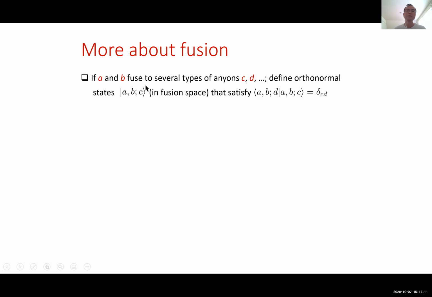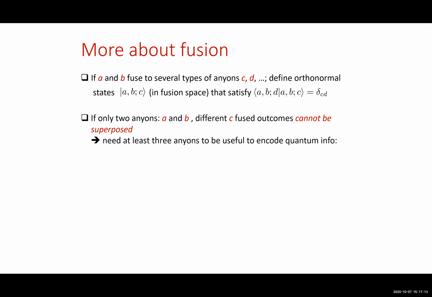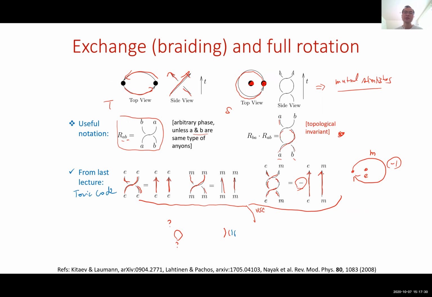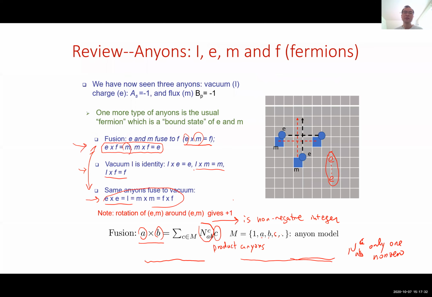Excuse me? Yeah. Is the fusion probabilistic, or do we always get a C, but there are just two possibilities? So when you talk about this, you don't always get the same particle if you have different fusion channels, like here.